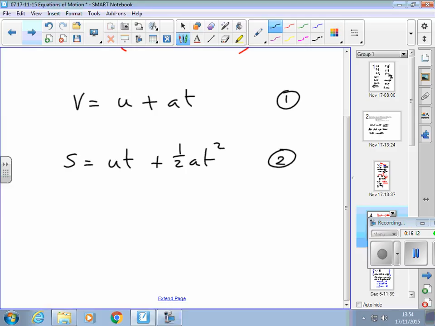That's the second equation of motion. Remember, S is displacement, T is time, U is initial velocity, A is acceleration, V is final velocity. And fiddling around again, we can end up with this. 3 equations of motion.